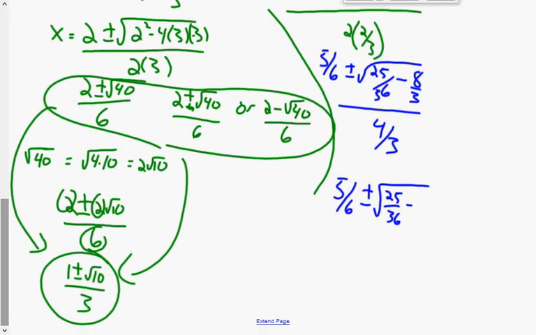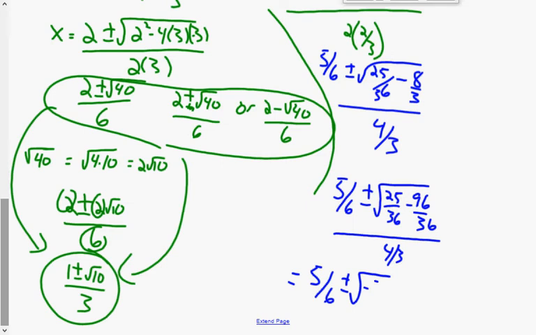12 times 8 is 96. Now if you look, 25 minus 96 is actually negative 71 over 36.